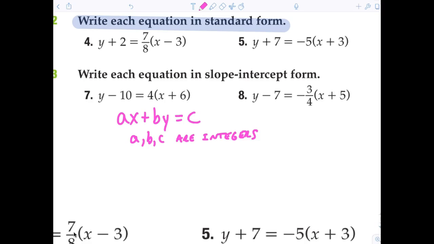All right, there's 2 more rules. The second rule is A must be greater than 0, which is just a fancy way of saying A is positive. And then finally, A, B, and C are relatively prime.